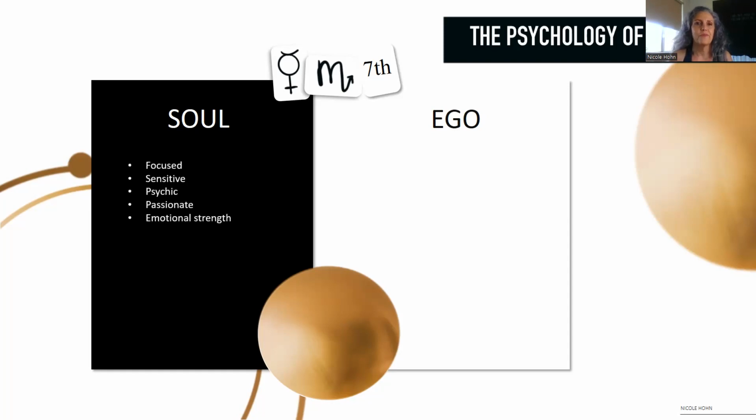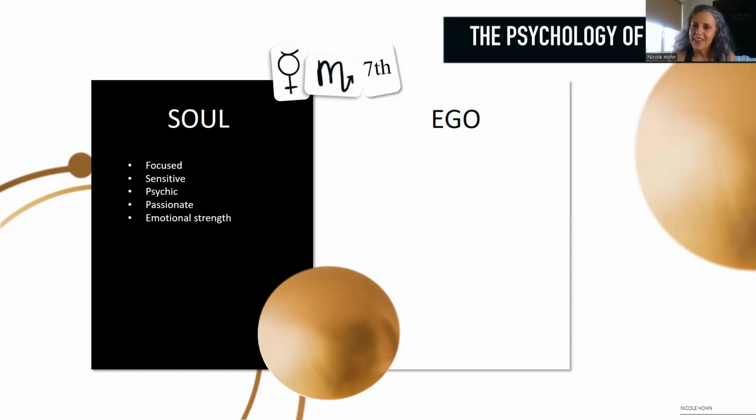So for example, Mercury in Scorpio looks like focused, sensitive, psychic, passionate, and emotional strength. So that's how I communicate. That's the essence of my communication when I am fully showing up in my soul.